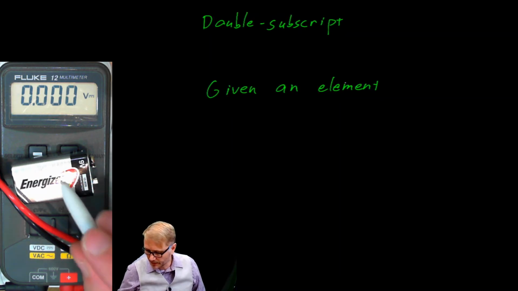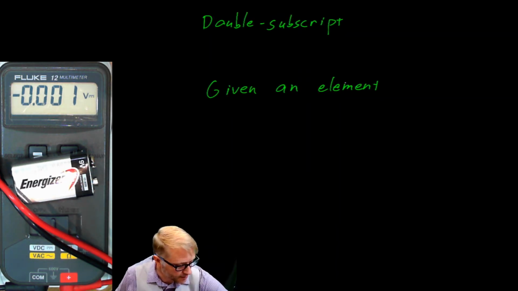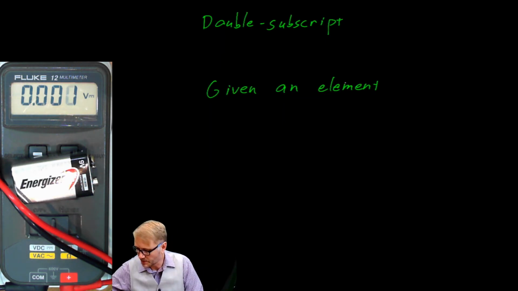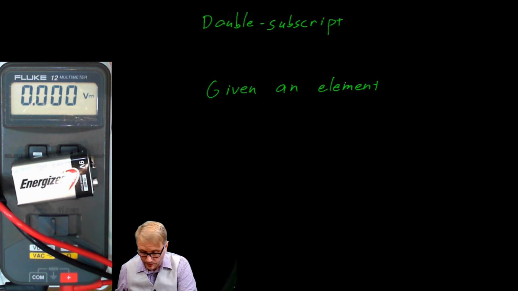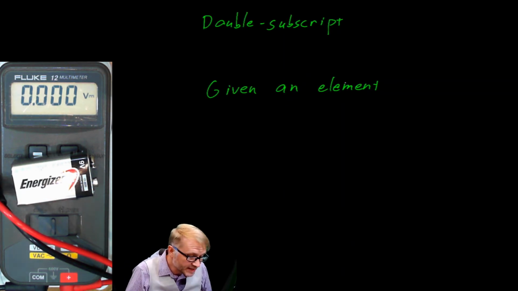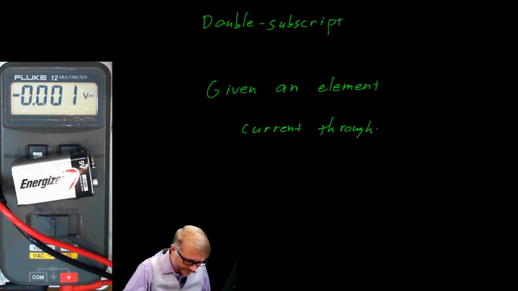It might be the battery. It might be a resistor. I have one around here somewhere. So here it might be a resistive load like that. Or it could be a light bulb or the computer. But given an element, we talk about the current passing through and the voltage across.